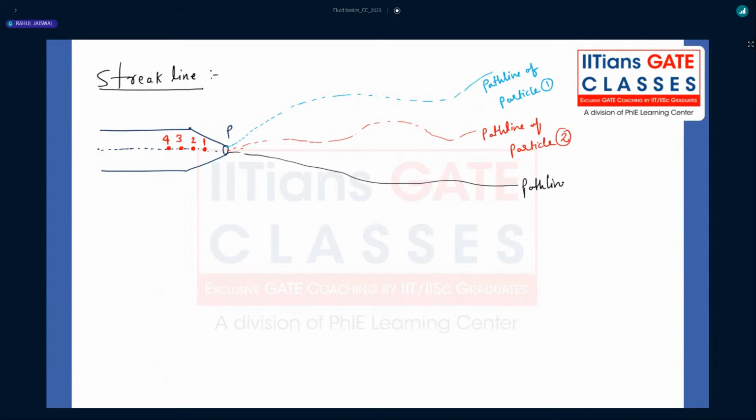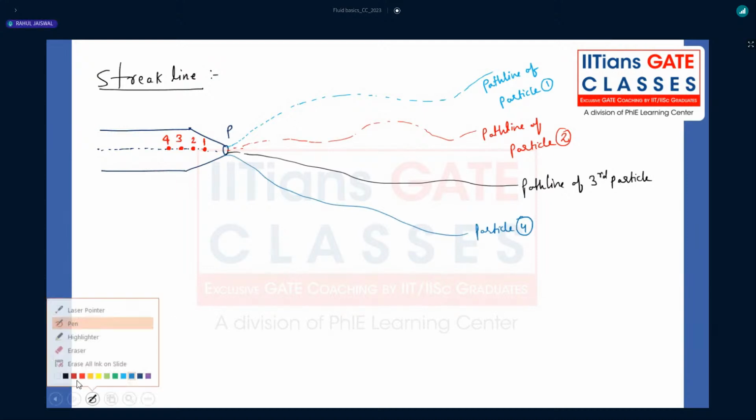This will be the path line of the third particle. What about the fourth particle which is being injected? The fourth particle will be, for example, here. Particle 4.